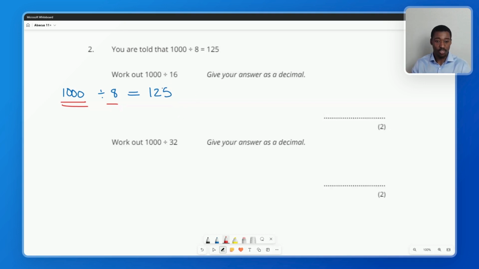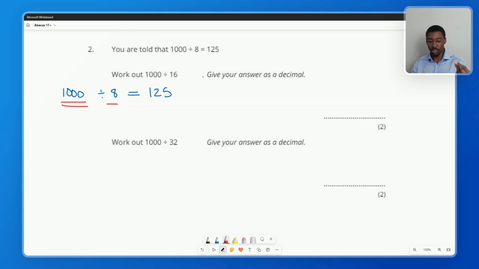So now if we have 1000 divided by 16, we're taking that same 1000, but instead of cutting that pizza into 8 sections, we're cutting that pizza into 16 sections, twice as many sections. So if we're cutting the pizza into more sections, is the result going to be smaller or bigger? It's going to be smaller because we're cutting up into more. There are more mouths to feed.